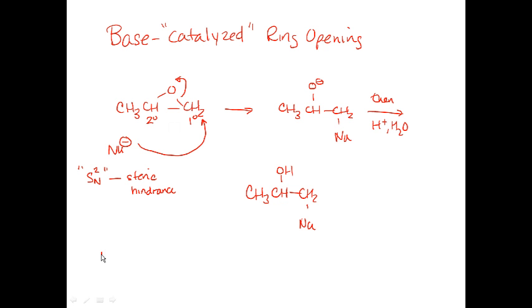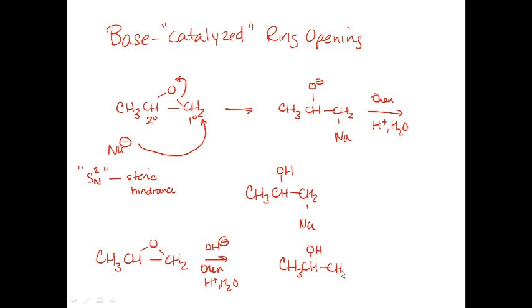Now, if I took this epoxide and I treated this with hydroxide, and then after that added H plus H2O, I would still have opened up the epoxide to form the OH and the OH.